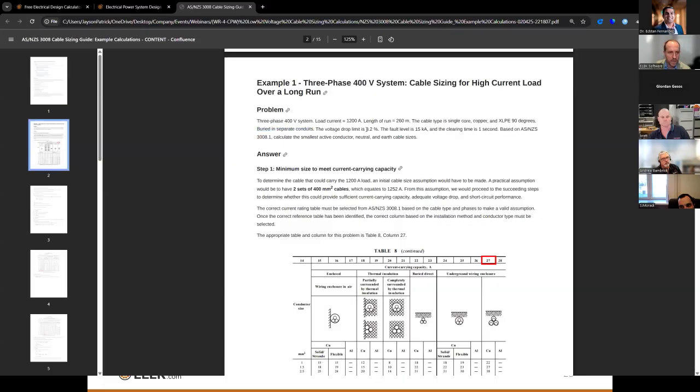The voltage drop limit is 3.2%. The fault level is relatively high, but probably consistent for such a large system. This calculation is based on AS/NZS 3008, but the same procedure, same principle applies to other low voltage cable sizing standards.